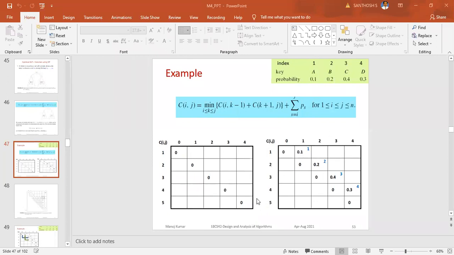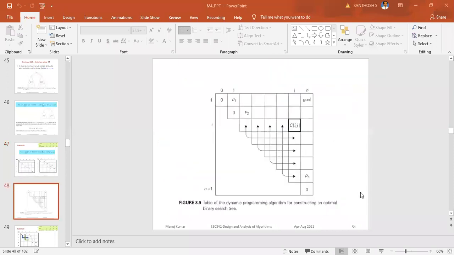So 3 means row 3, column 3. 4 means row 4, column 4. So 1, 1 we take as 0.1. Next 2, 2 we take as 0.2. Next 3, 3 we take as 0.4. And 4, 4 we have taken as 0.3. That is values 1, 2, 3, 4. So this is the representation.